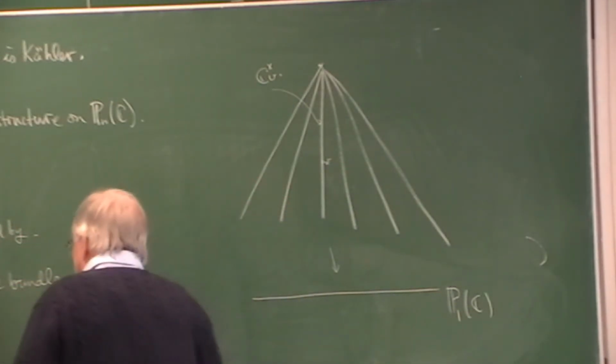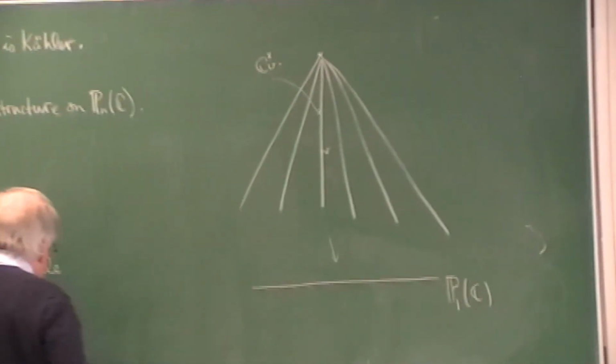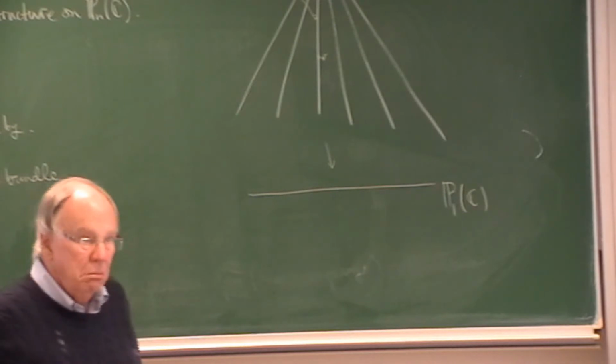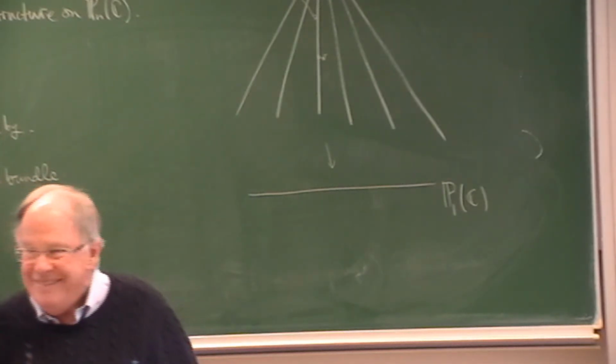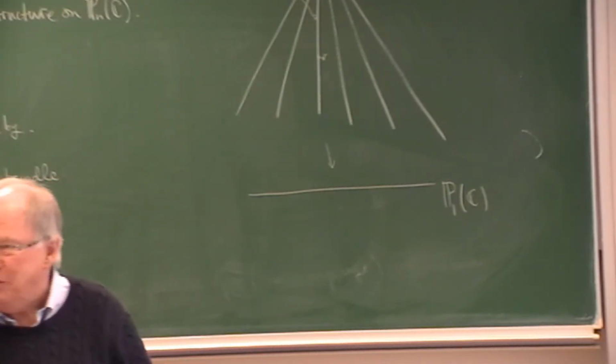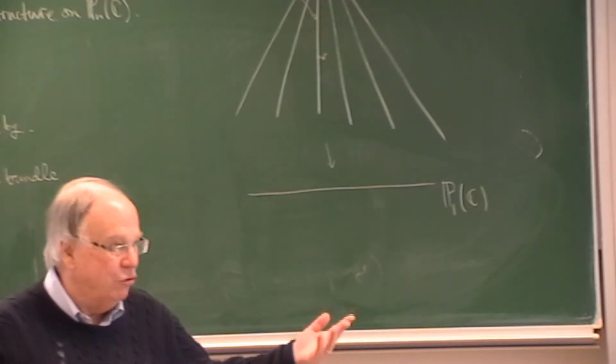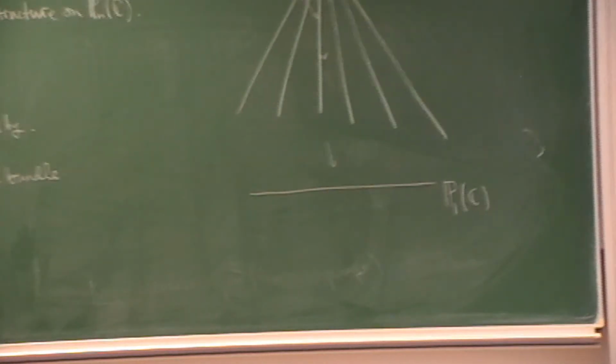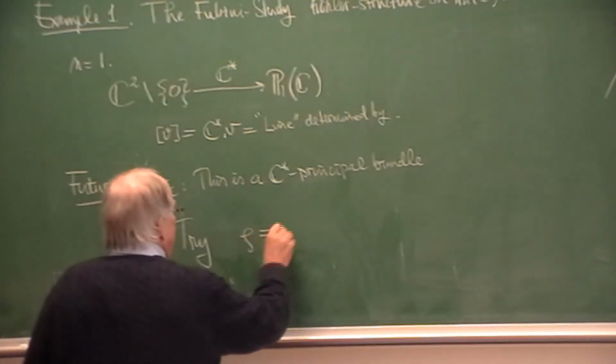So the idea for Euler is to push down a potential. Euler said you should have a potential, so why not? Let's try to push down a potential. So let's try rho equal to norm.